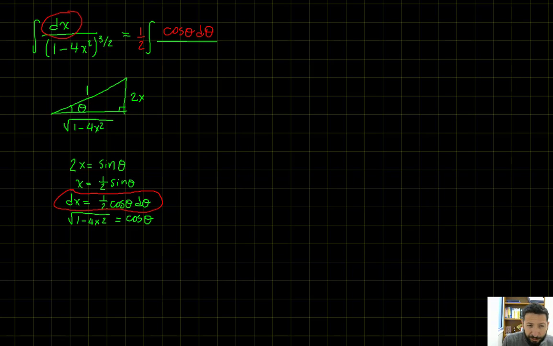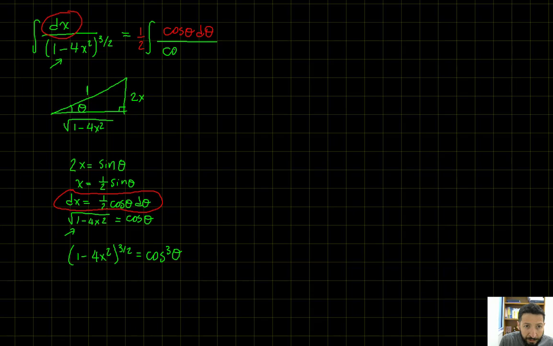All right, so now this term right here. Some people address this term a little bit differently. I don't like that, but some people would just write this as 1 minus 4, and then plug in terms of x, they would plug in 1/2 of sine and then square it, do all the identities. I'd rather go here and notice that this term is just this guy cubed. So 1 minus 4x squared to the 3/2 is going to be cosine cubed, and I can just plug that directly into my integral.